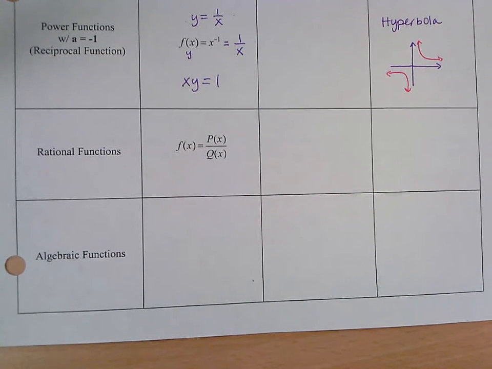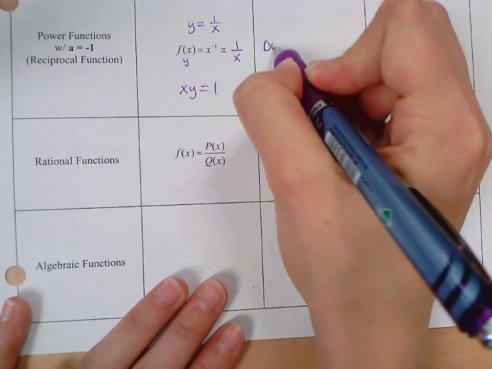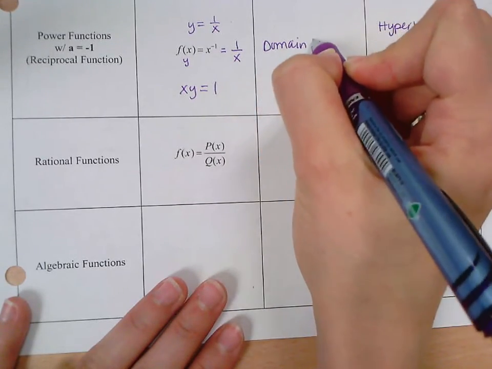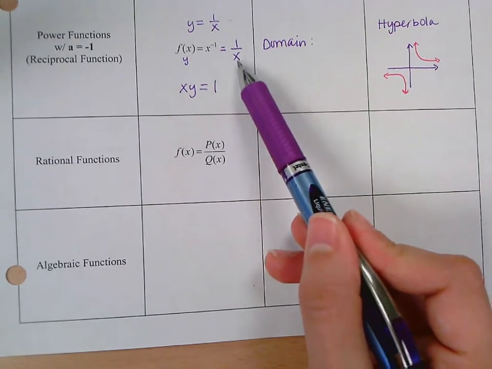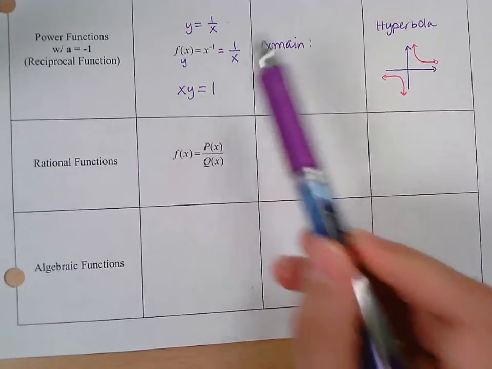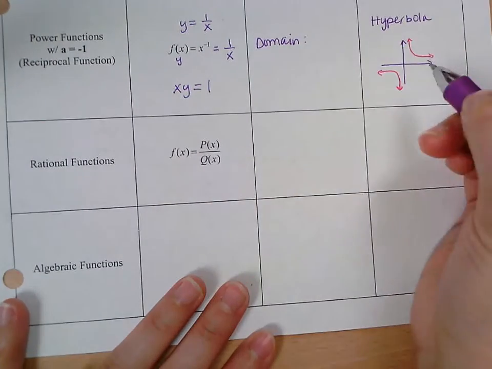All right, and then, domain for this. Any ideas how you would characterize that domain? Just looking at its graph. All real numbers besides 0, yes. Or you could even look at this equation, x can't be 0, it's in the denominator. So I'm going to write this in interval notation.